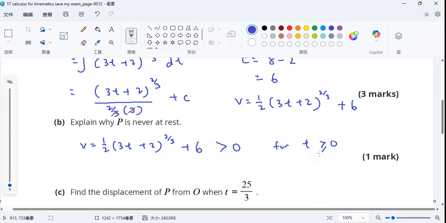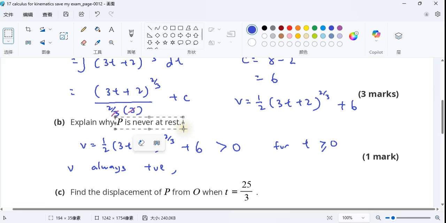So v is always positive. So P is never at rest.